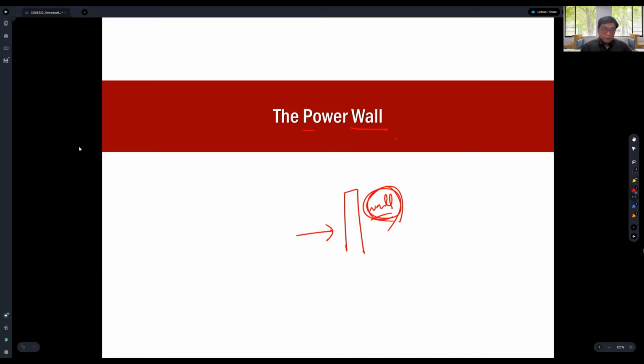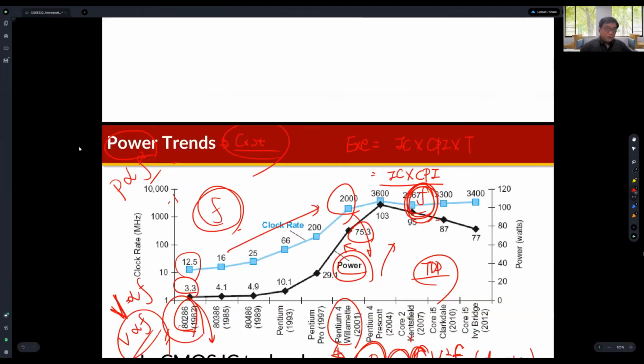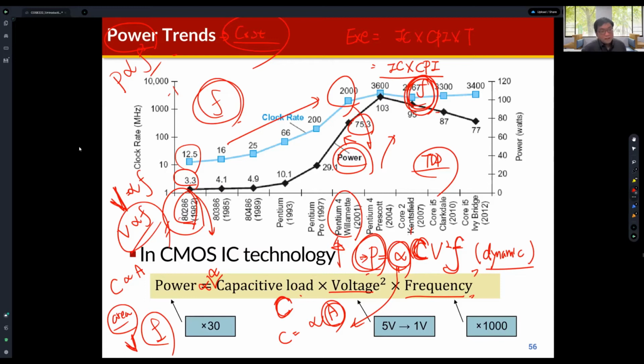Power wall means that because of a power consumption issue, we cannot increase the performance of a processor. That is the meaning of power wall. This is another issue of processor design.